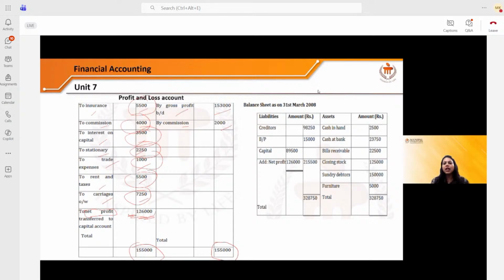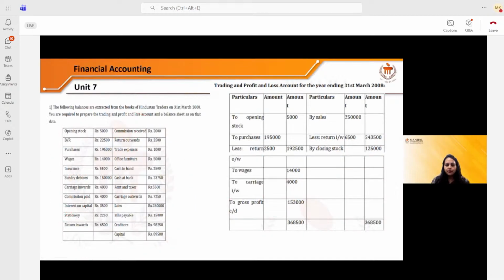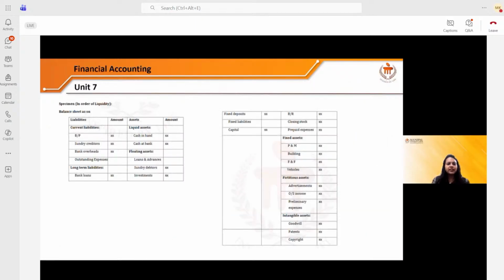Now I am moving to the balance sheet. Look at the format of the balance sheet. The balance sheet has two sides, the liability side and the asset side.